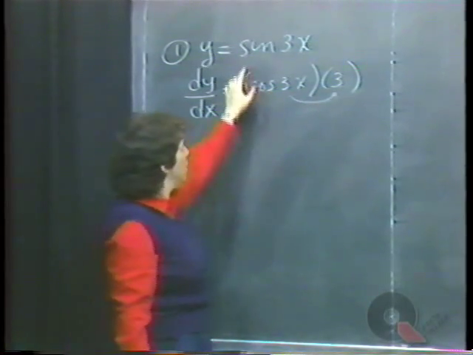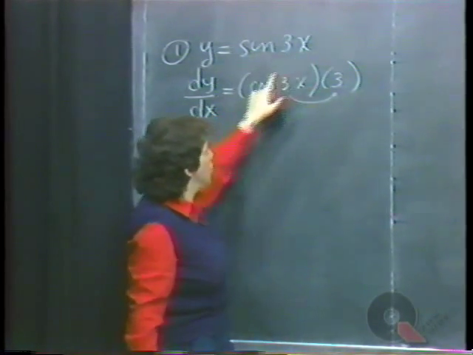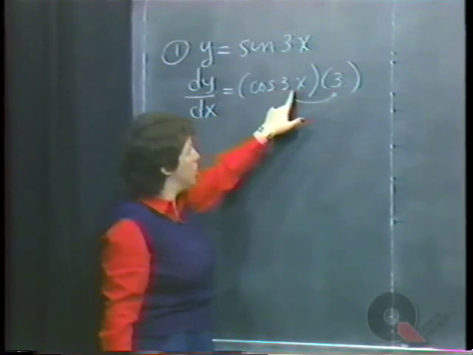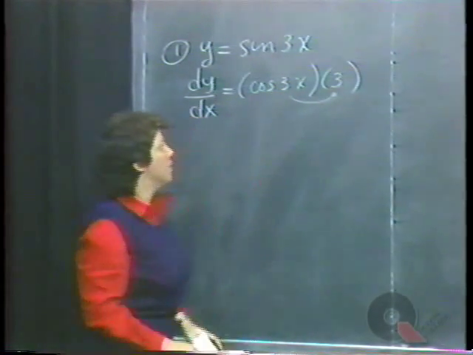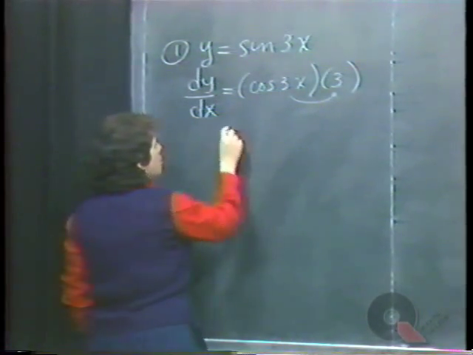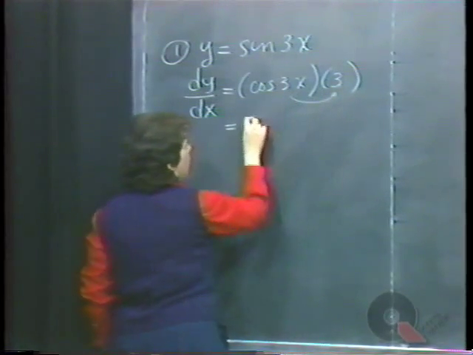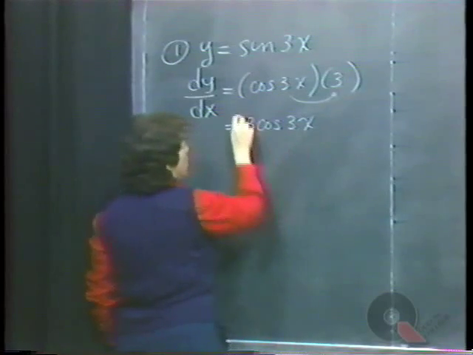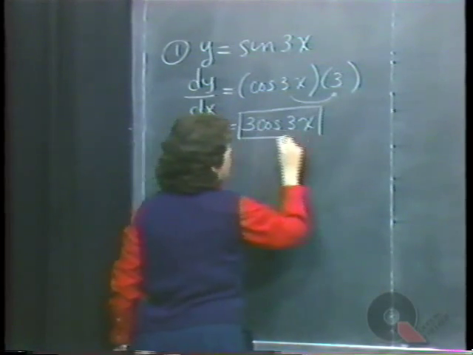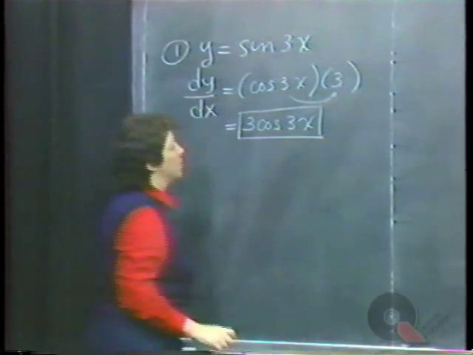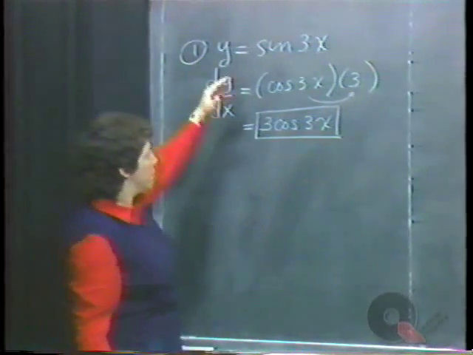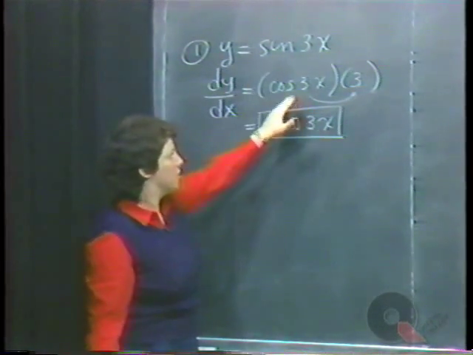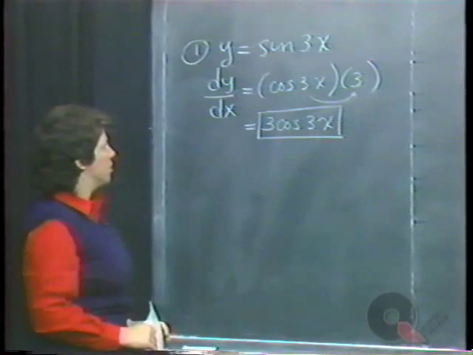That's not correct. The derivative of sine of a function is cosine of the same function, then multiply by the derivative of the function. Also, if you put the 3 in front, you can dispense with the parentheses. 3 cosine 3x is a neater way to write the answer, although this, of course, is correct.